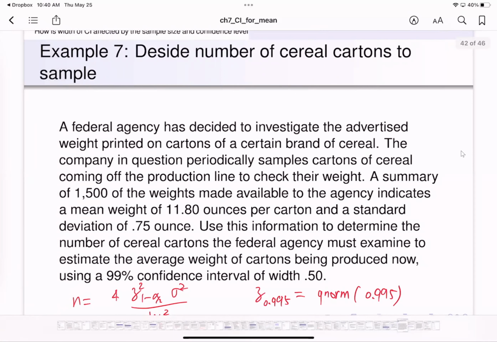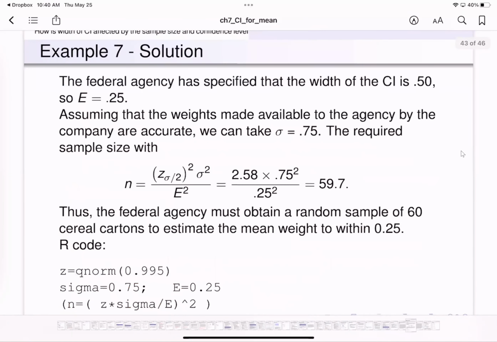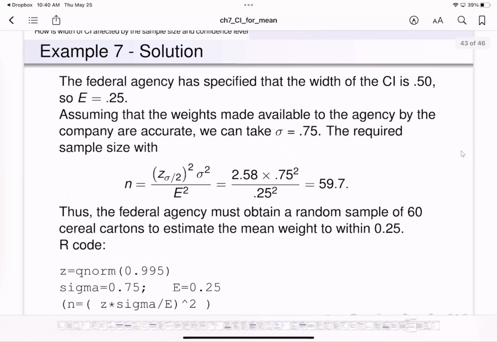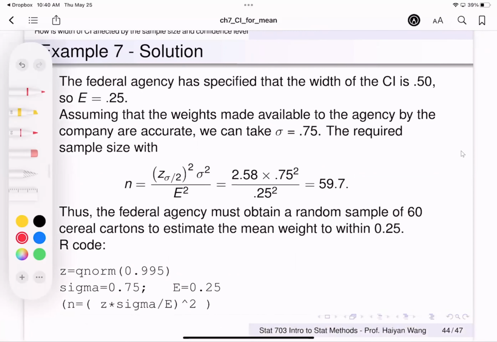Quite often, the computed sample size is going to be a decimal number. We would always round up to give the sample size. Like this one here, the width is 0.5, and here we are using half of the width, the margin of error E. Margin of error E is 0.25, and we put in 2.58, the 99.5 percentile.